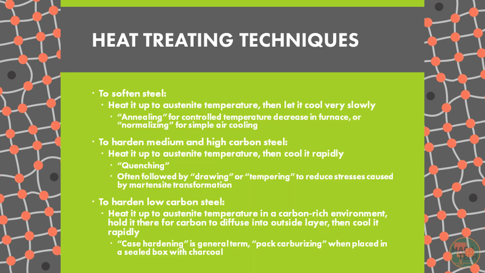Okay, so now that we've reviewed all those phases, we can put it all into practice. Let's think of some basic heat treating techniques we can use to manipulate the physical properties of steel to suit our needs. If we want to soften steel, we simply need to raise it up to the temperature at which it changes into austenite. I guess I didn't mention that these processes are reversible.